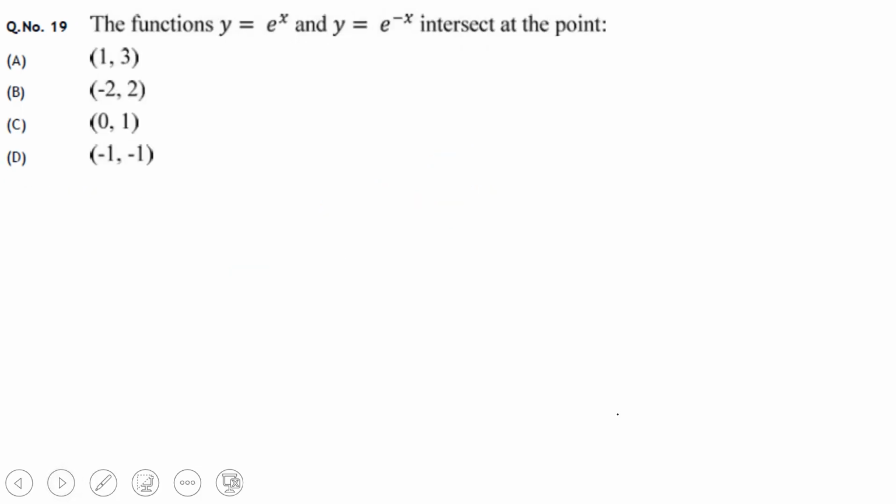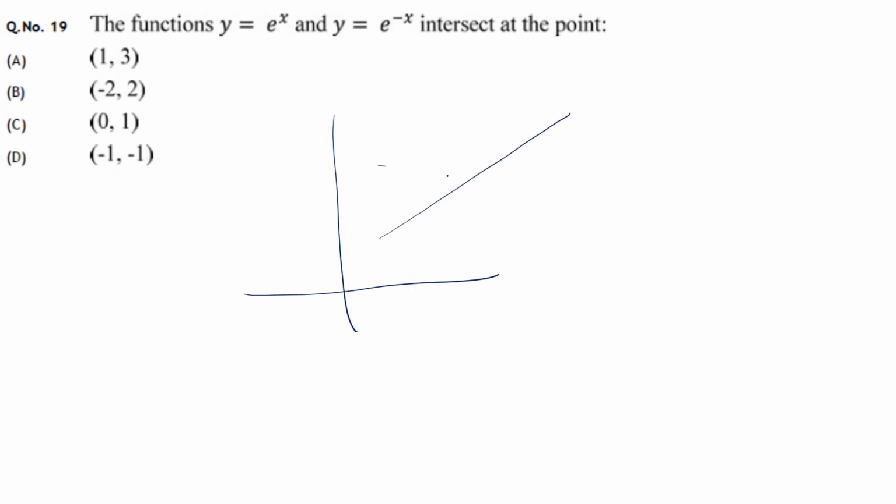Next, the functions y is equal to e to the power x and y is equal to e to the power minus x intersect at the point. Now suppose these are two functions, right? These two intersect at a point. So when these two intersect at the point, that point will be valid for both curves.